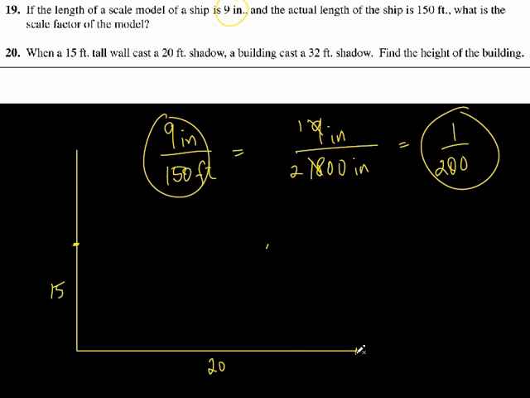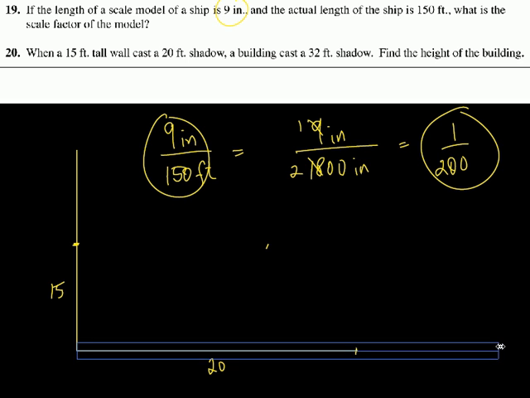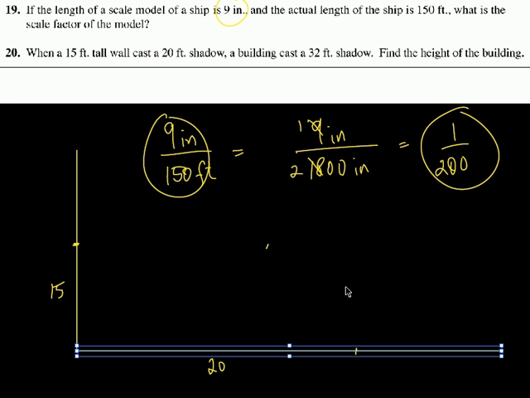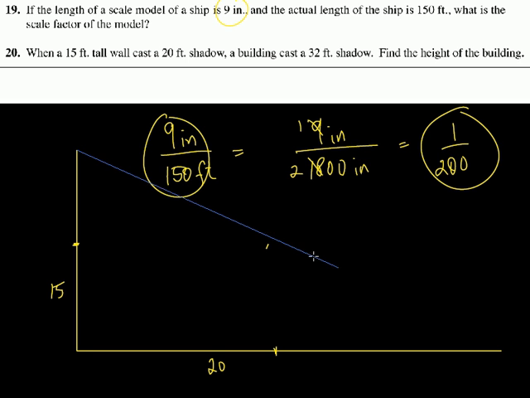So the 20 goes to here, right? You're going to have a longer shadow from a taller building. Again, let's say the 20 went to about right here. Does that make sense? Actually, you know what I should have done? Let's do it like this.